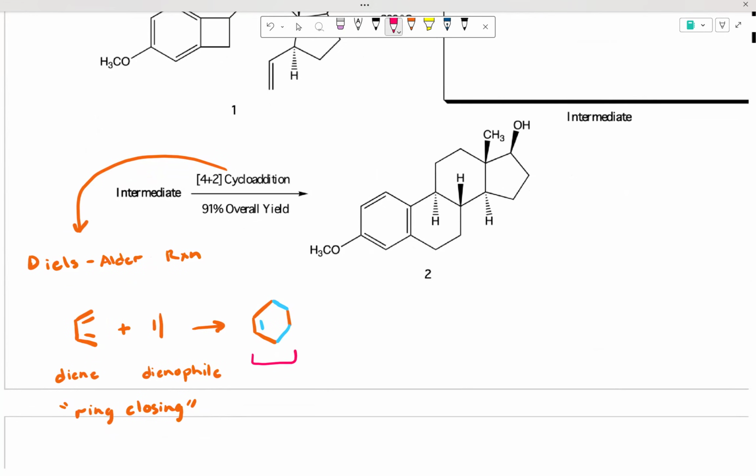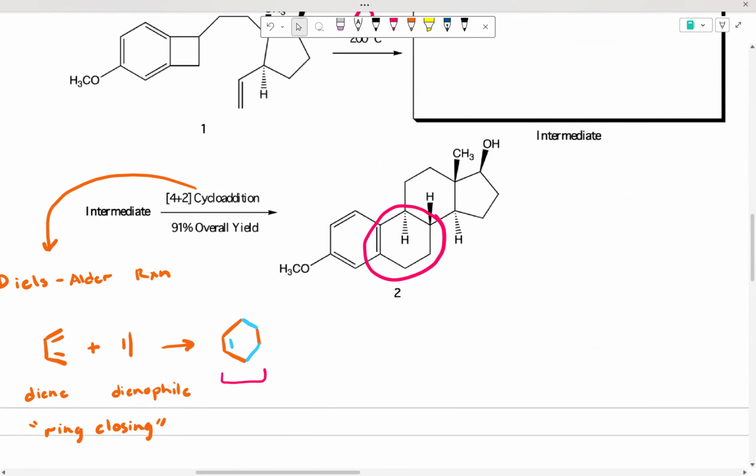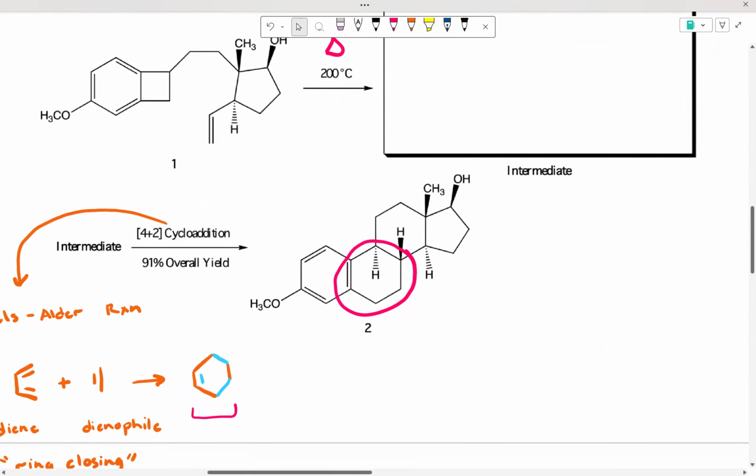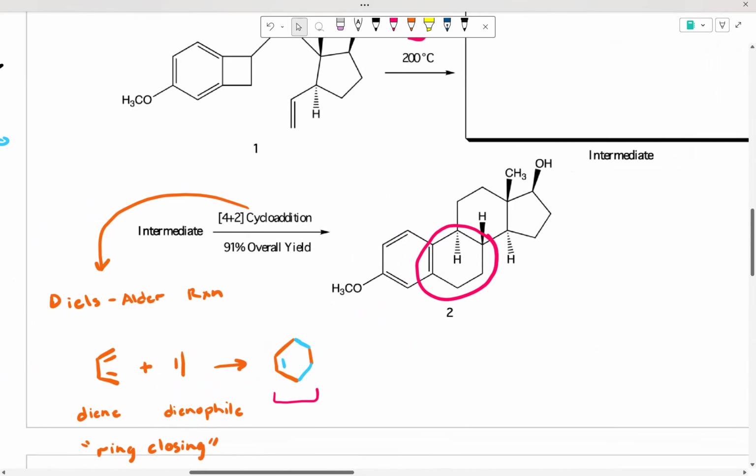Because it's a cyclohexane with one pi bond, and we see this here in the middle of the molecule, with it being about the second ring there. So that means that our diene must exist here.